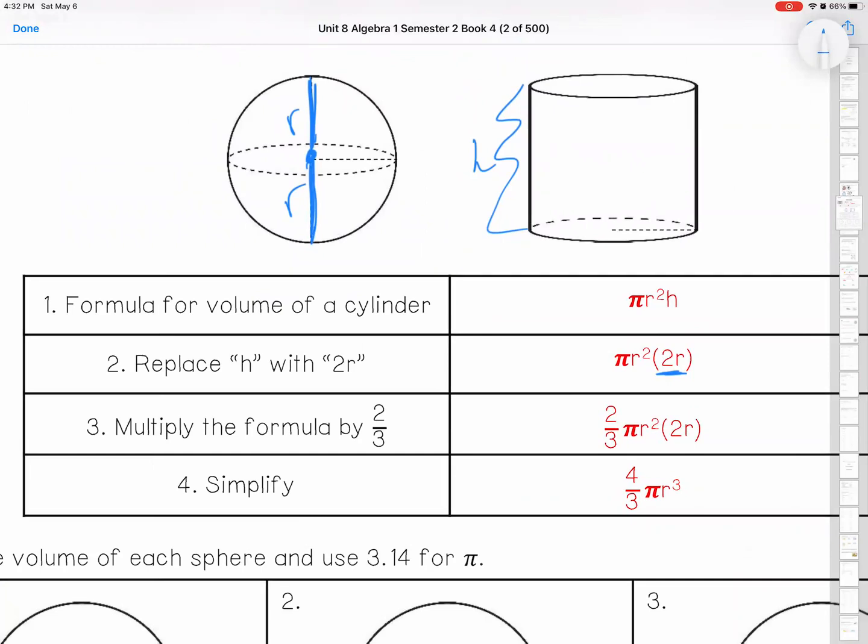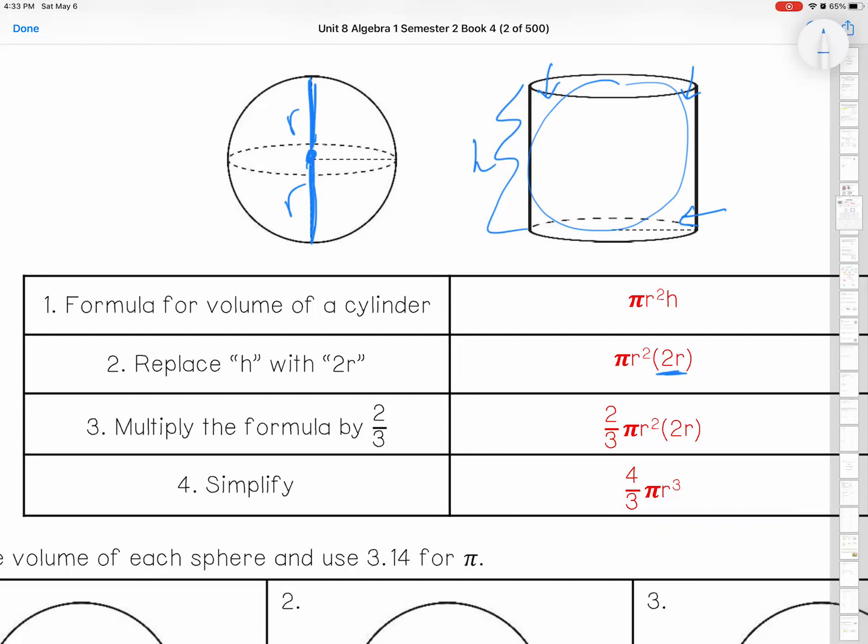And then we always multiply it by 2/3 of the value, because imagine the sphere fitting inside of here, right? Well, you have this other volume that you're not really accounting for. And so that's where that 2/3 of that cylinder comes from, because you're losing some of that volume there. And so it's always going to be 2/3 of that cylinder.